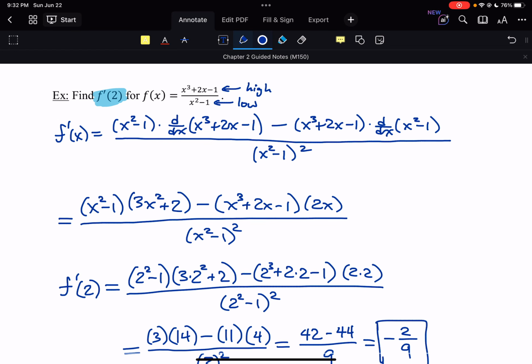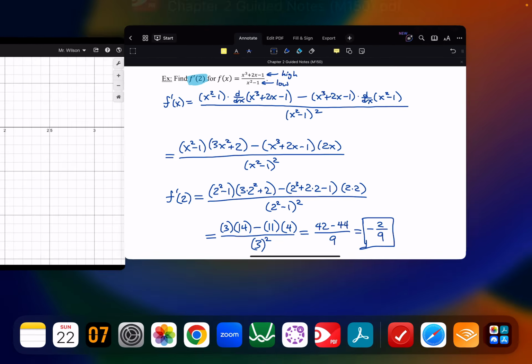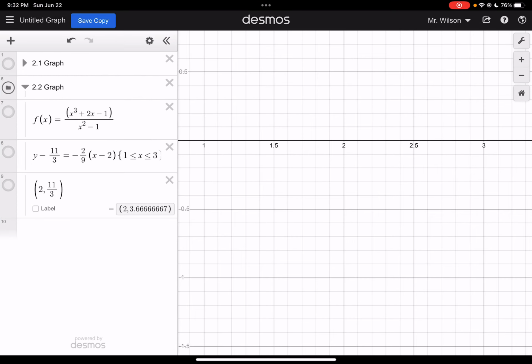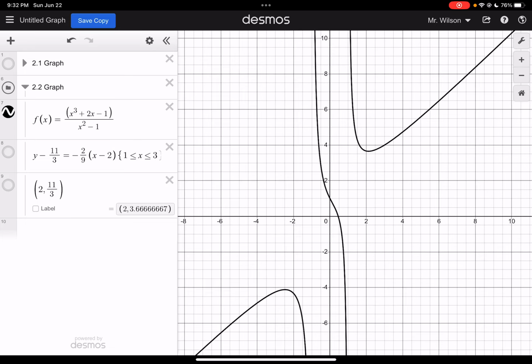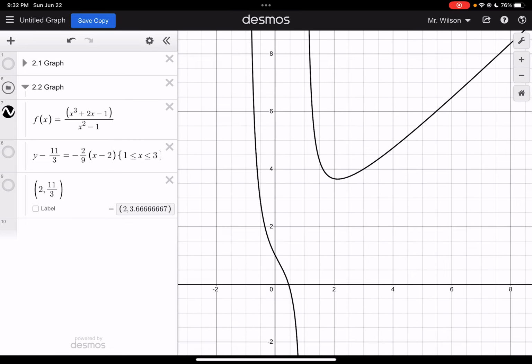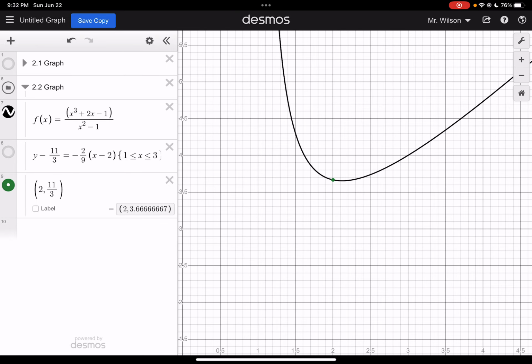So now when we're talking about what this example shows us, we're looking at this function at the value x equals 2. This is the slope at that point. So I want to show you guys on the graph. Here's what this graph looks like. It's got multiple pieces, but we want when x is 2. So there's our point right there.